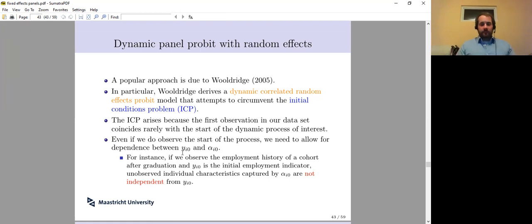For instance, let's say we observe a cohort of students after graduation and we look at their employment history, and y is simply an employment indicator, yes or no. Would you think that yi0, the initial employment indicator, should be correlated with unobserved effects? Well, sure. There are unobserved individual characteristics that are relevant for your success on the job market, and thus alpha is not independent from the initial condition, for sure.